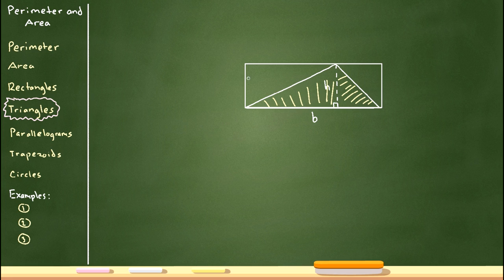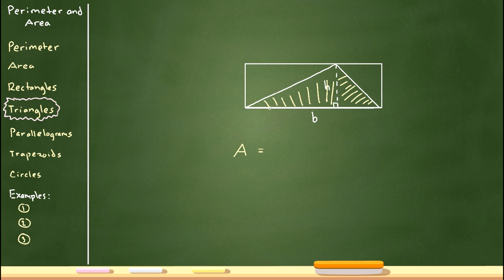So by drawing a rectangle around it, what I really did was I doubled the space here. Like, you have a certain amount of space in this triangle here. When you draw a rectangle around it, you're doubling that space, because now we have this space in here and we have this space in here. So we know that the area of this larger rectangle here would be the length times the width, right?